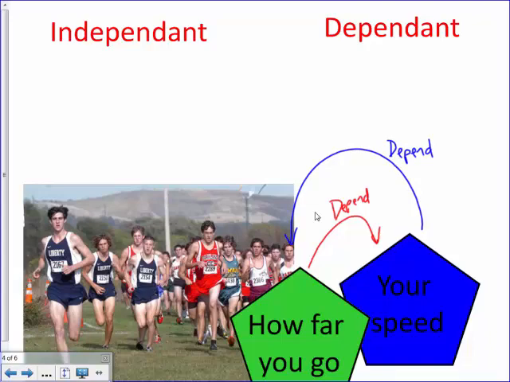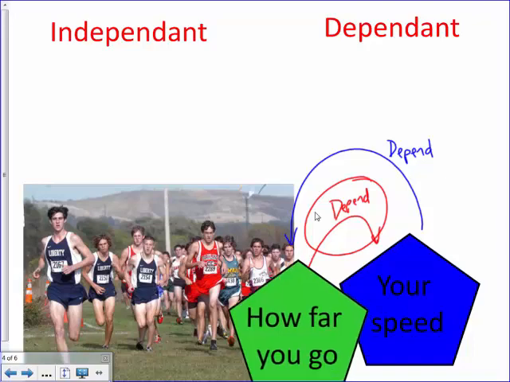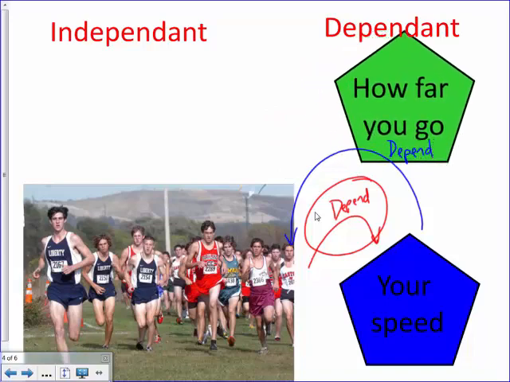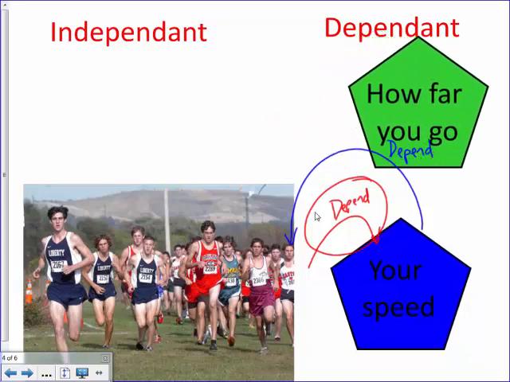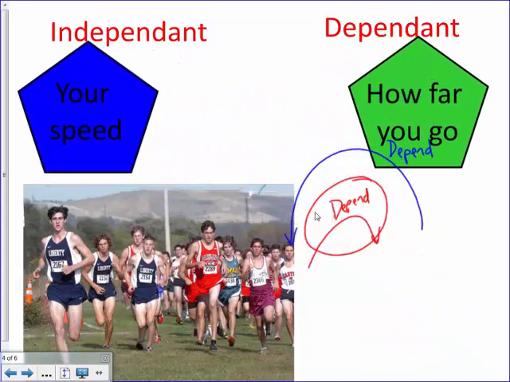Well, the first way. How far you go depends on your speed. You have to know how fast you're running before you know how far you can go. So how far you go is the dependent, where your speed would be the independent.